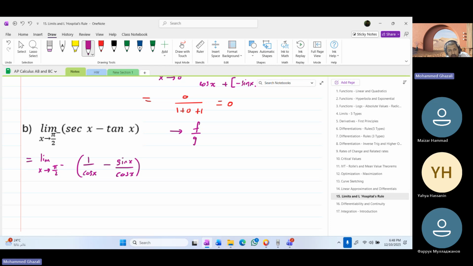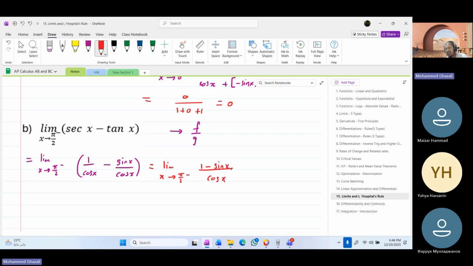Right, now it's the same denominator, so you can just subtract the numerator. 1 minus sine x over cos x.